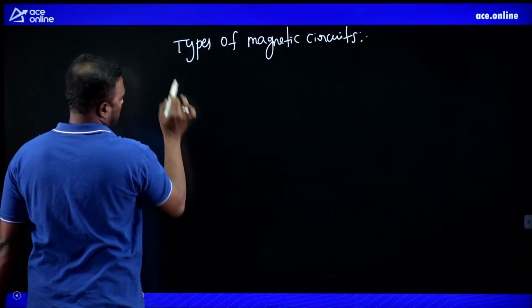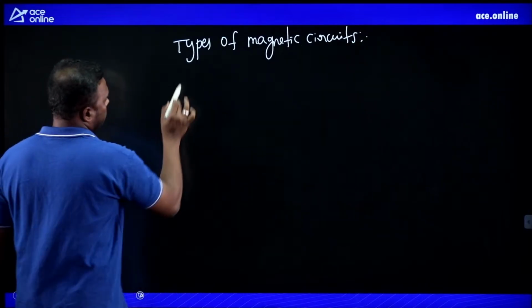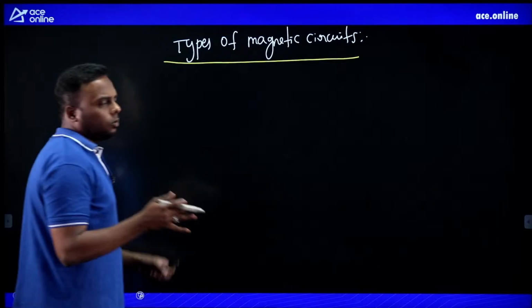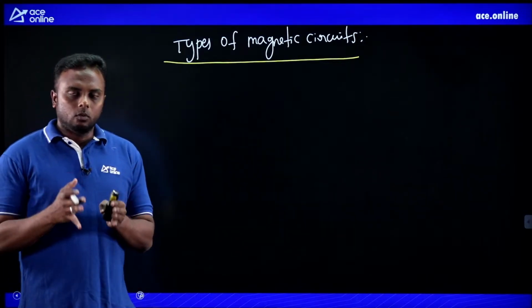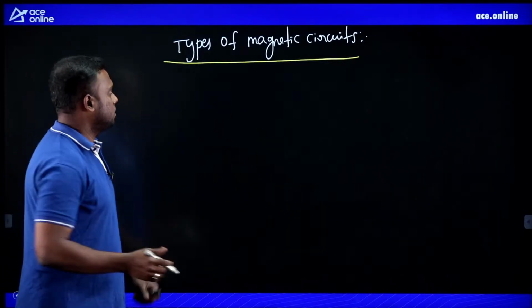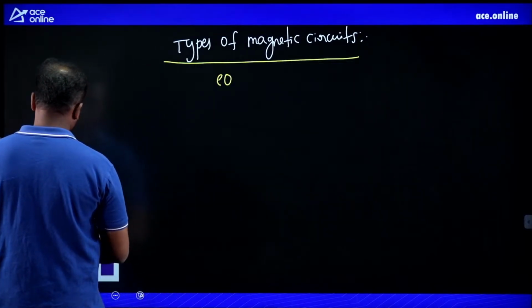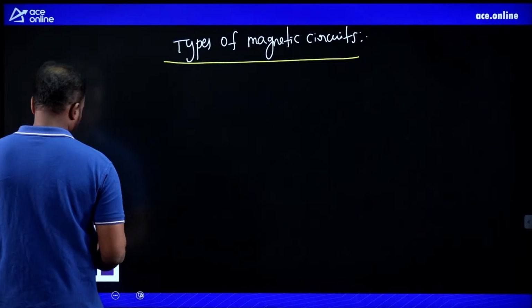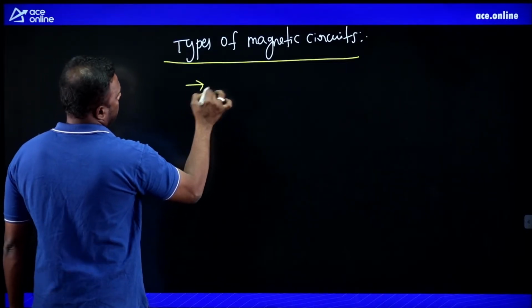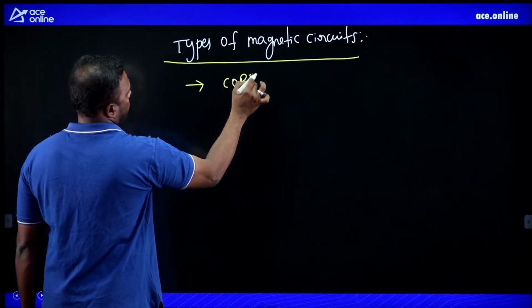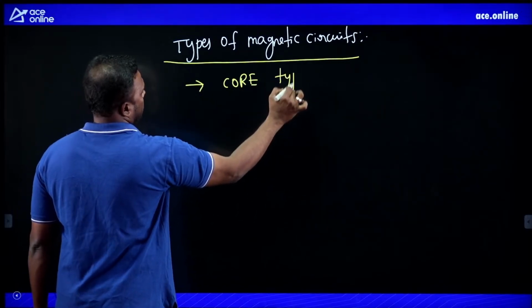There are two types of magnetic circuits. What are they? A magnetic circuit is nothing but the core. The core in a transformer is of two types, as you know well: core type transformer and shell type transformer.